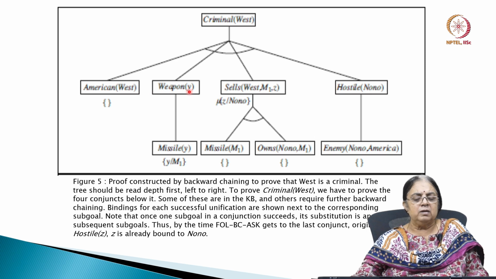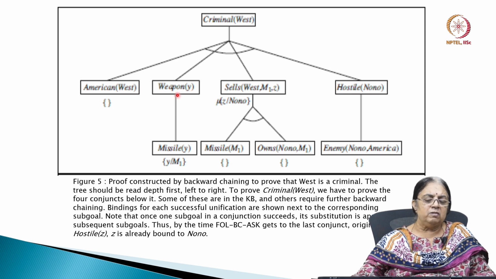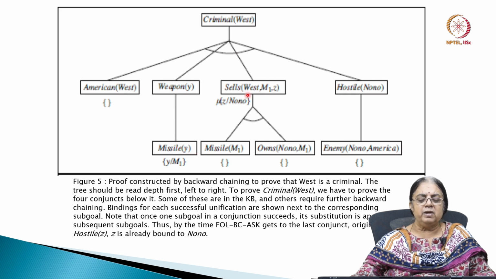Weapon Y, you need to see what substitution you can make. If you make the substitution Y is M1, then weapon Y will give missile Y. And if you take sells West M1 Z, you can find what has this on the right side, and you need to prove these two things, and you have made these substitutions.